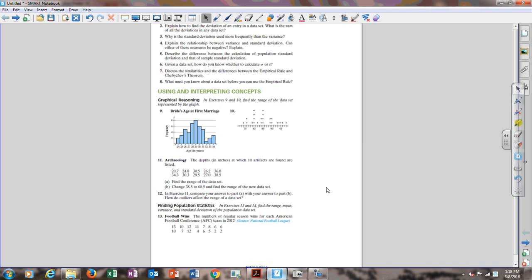Okay, finding population statistics is a lot of calculator work. All you're going to do is push your stat button. So you're going to push stat, edit, enter all your data in: 13, 10, 12, 11, 7, 8, 6, 6, 10, 7, 12, 4, 6, 5, 2, 2.